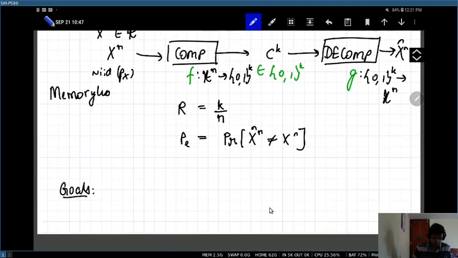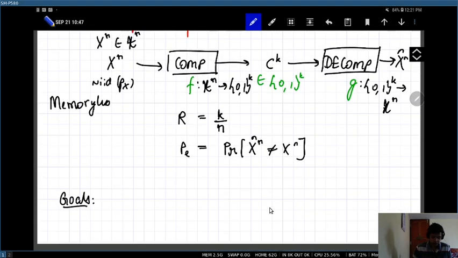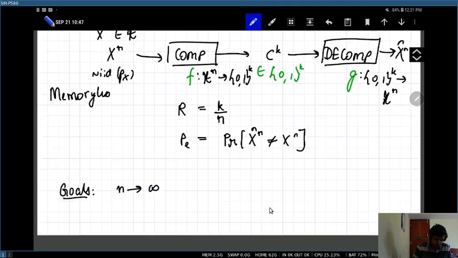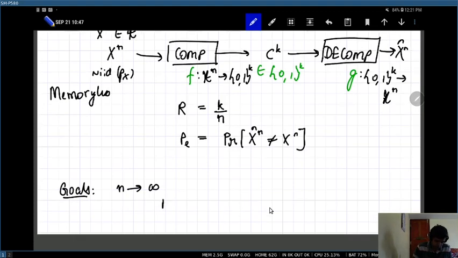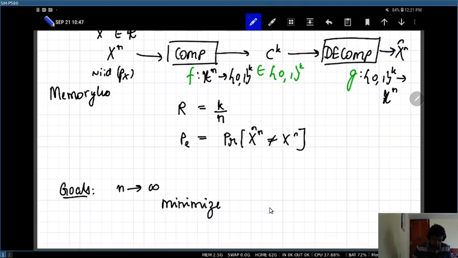In particular, we'll be interested in the regime where n is very large. So we'll only deal with asymptotics because it turns out that's the simplest problem formulation that we can handle. So we'll be looking at n tending to infinity, and our goal is to design f and g.